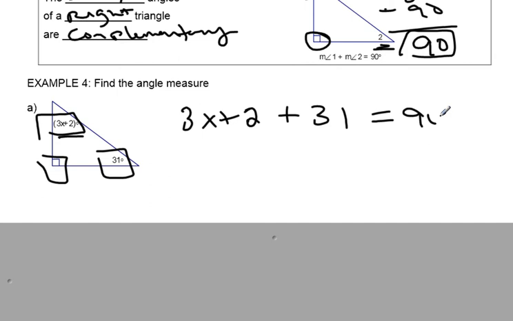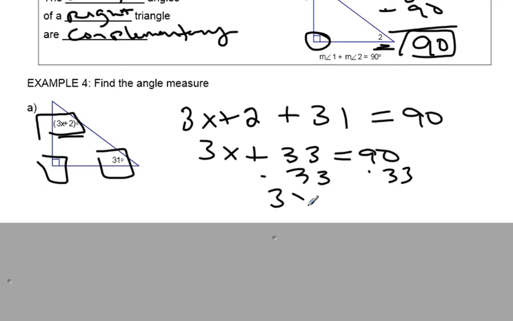And those two together are going to equal 90. So 3x plus 33 equals 90. So I subtract 33 from both sides. I'm going to get 3x equals 57. Divide by 3. So I get x is 19.